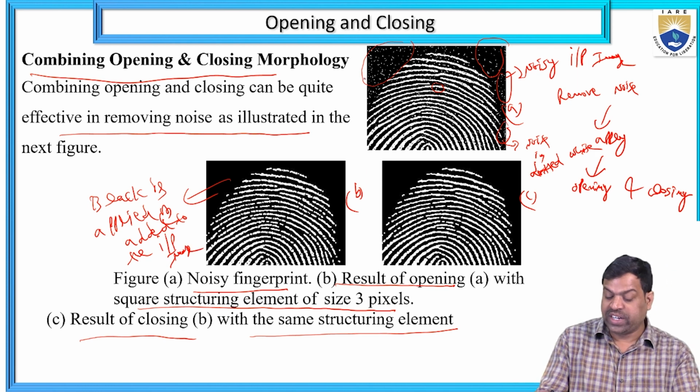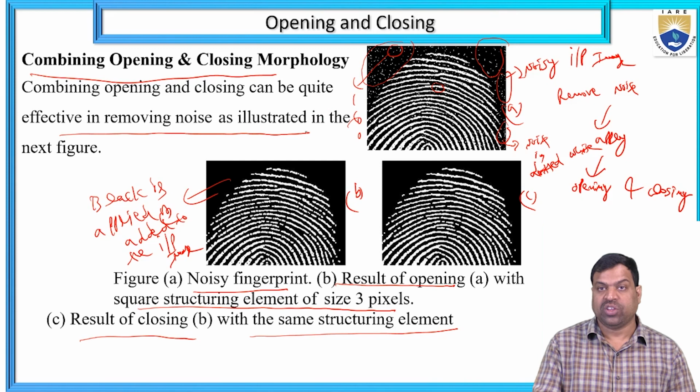So this white is there, and we are applying the black, meaning we are changing from 1 to 0. So white is converted to black.